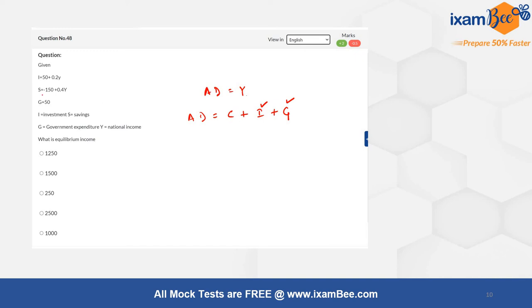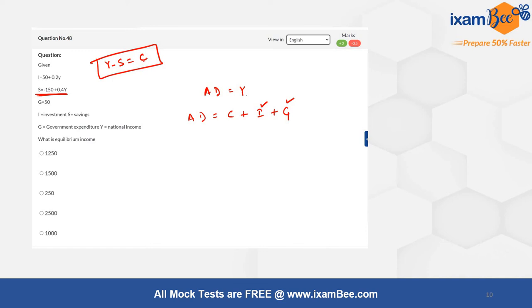So the consumption function we can easily find from the savings function, right? Y minus S would give you the consumption level. Output minus the total savings is the consumption, because output is either spent on savings or on consumption.